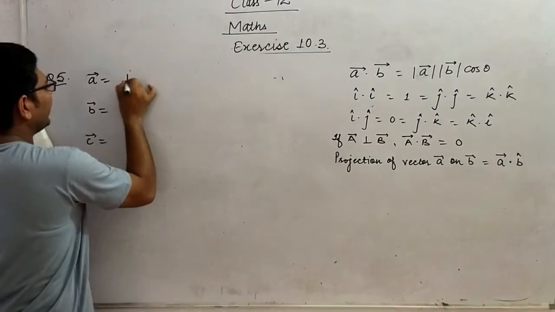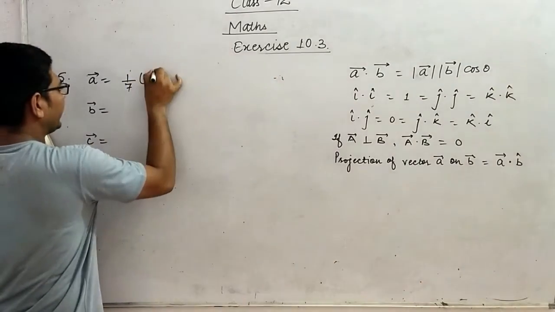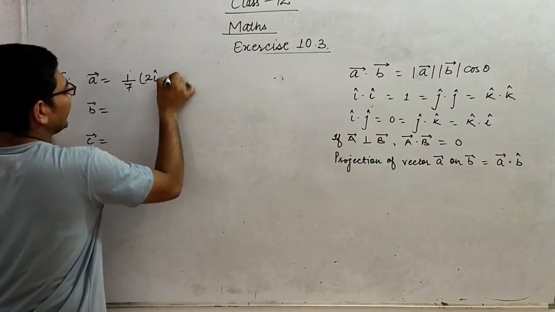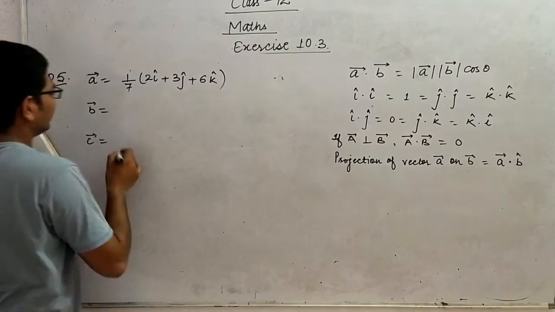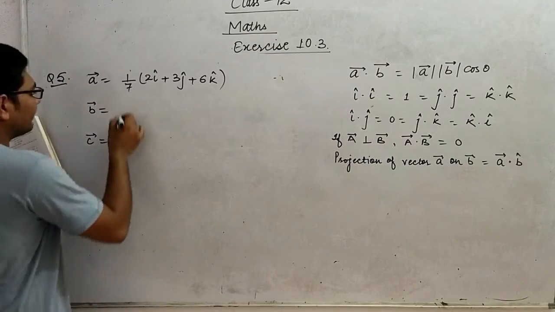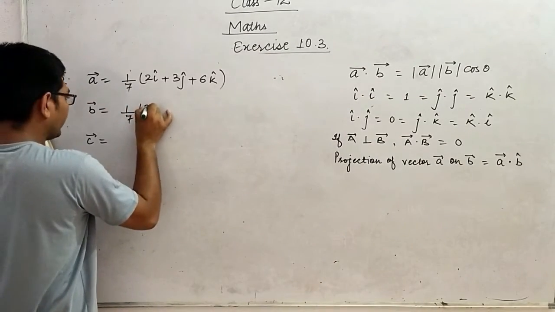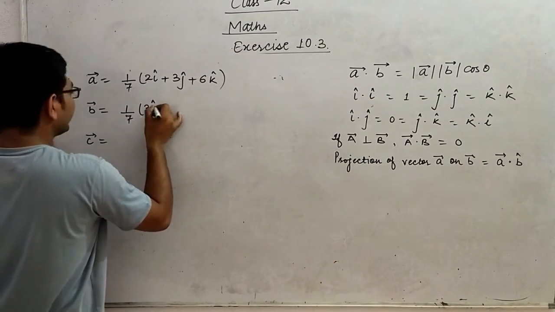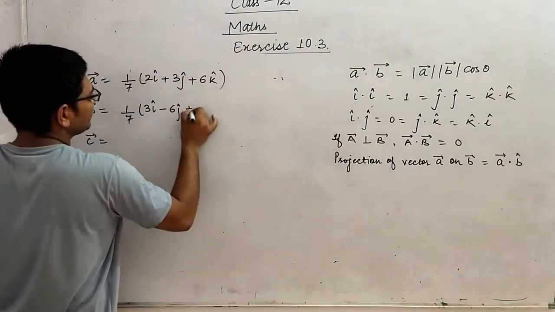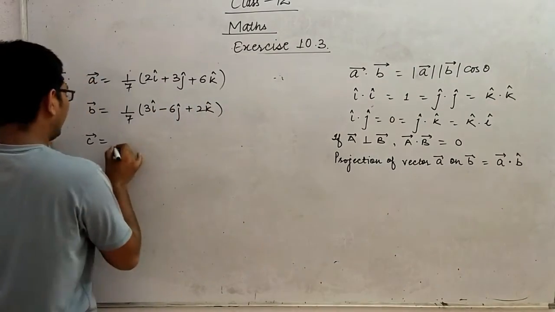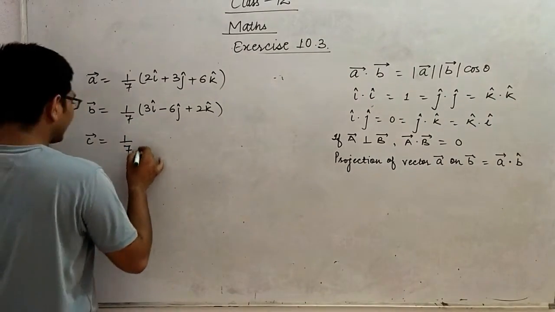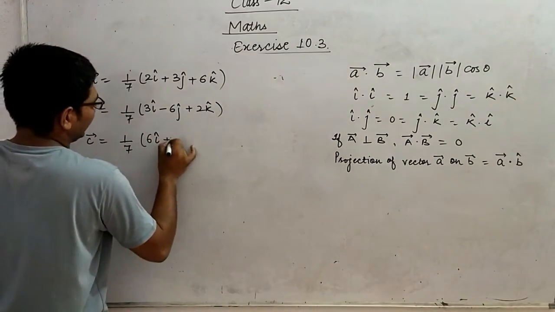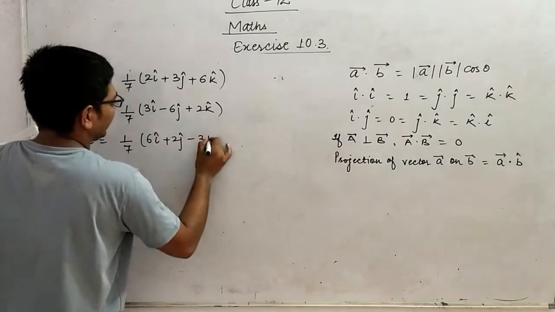That is 1 by 7 (2 i cap plus 3 j cap plus 6 k cap). Vector B is 1 by 7 (3 i cap minus 6 j cap plus 2 k cap), and vector C is 1 by 7 (6 i cap plus 2 j cap minus 3 k cap).